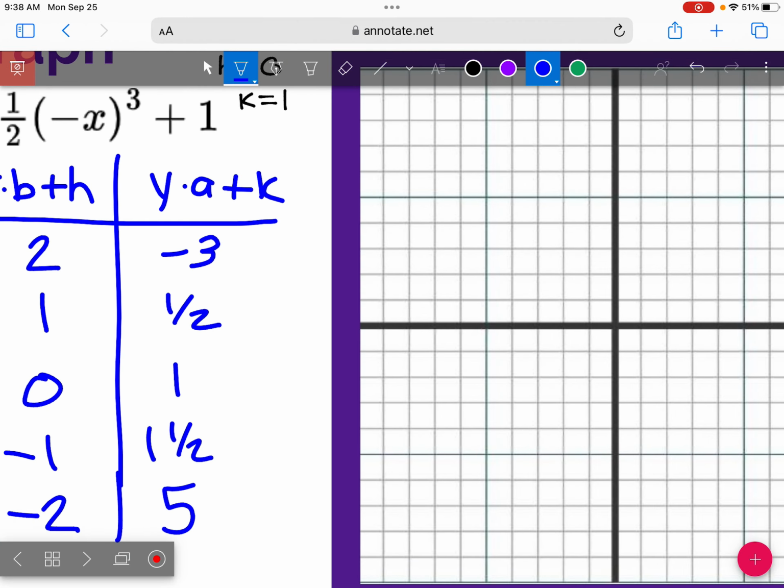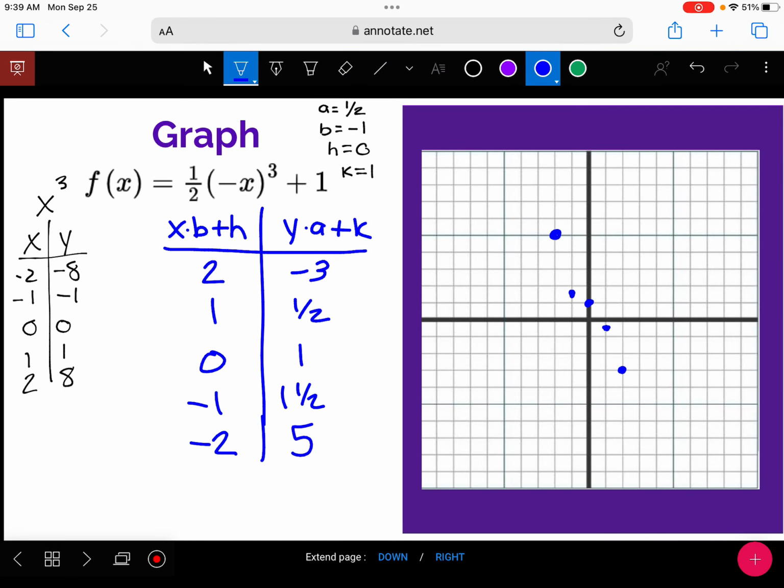Okay. So plot them up. 2, -3, 1, 1/2, 0, 1, -1, 1.5, and -2, 5. So we had a reflection over the y-axis.